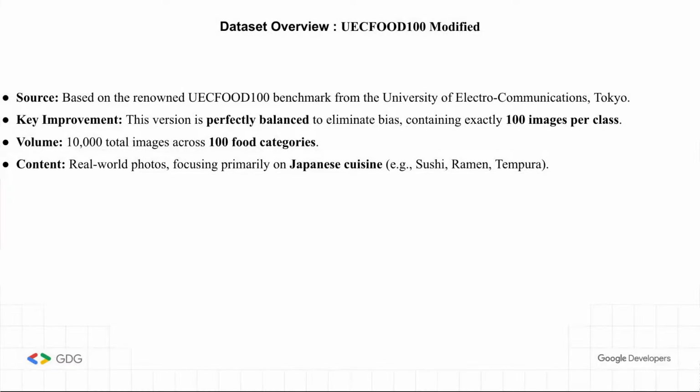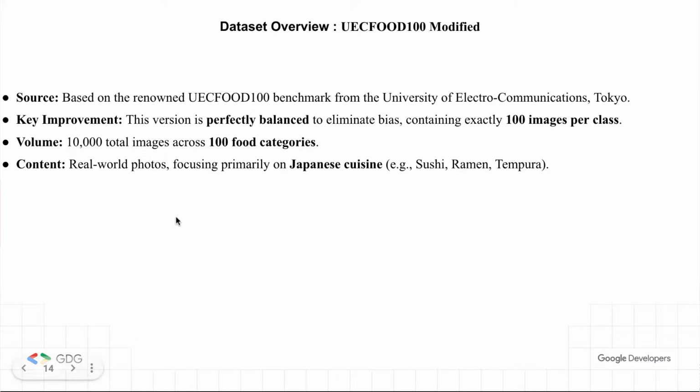The dataset that we are going to use here for the practice is UEC Food 100, but the modified version of this dataset, which is from the University of Electro-Communications in Tokyo. This version is perfectly balanced to eliminate bias, containing exactly 100 images per class.